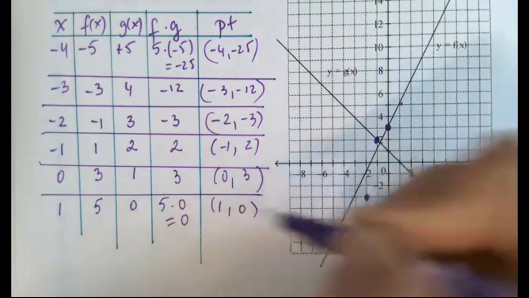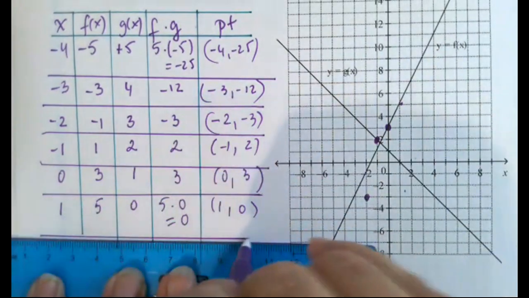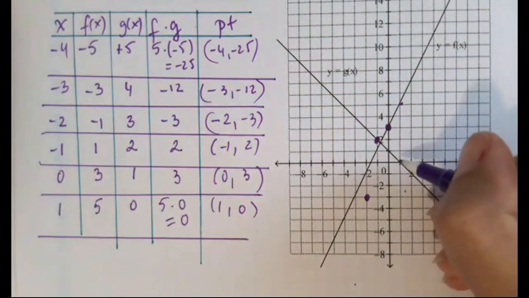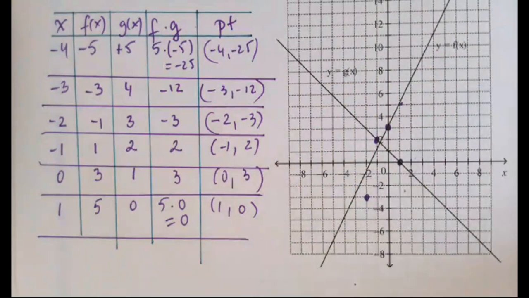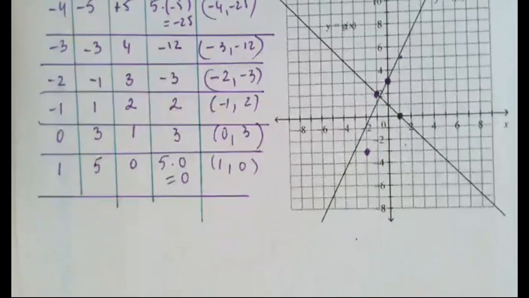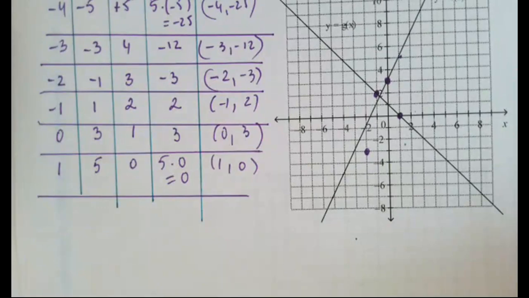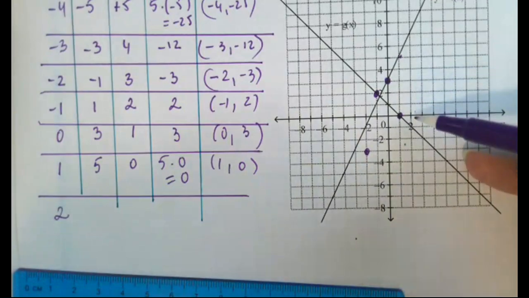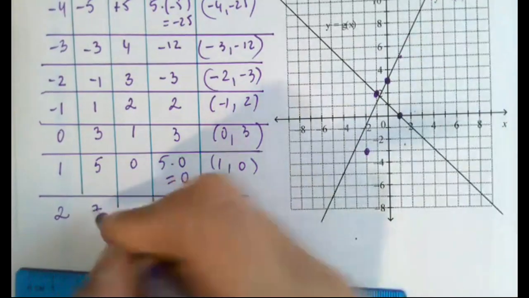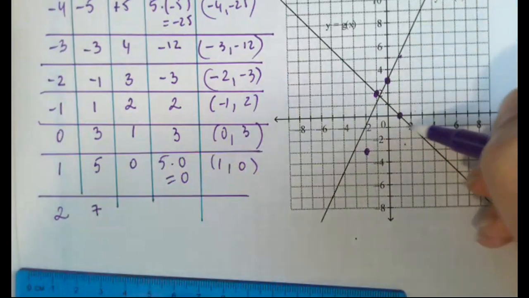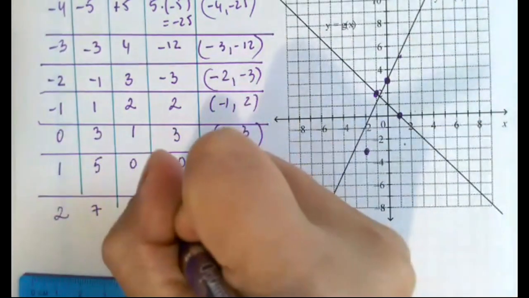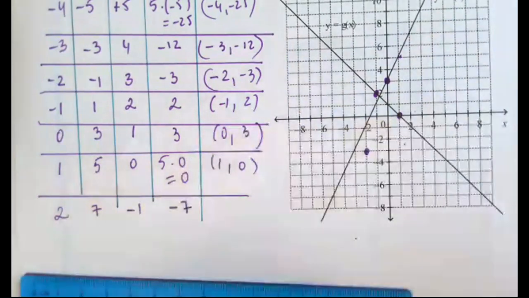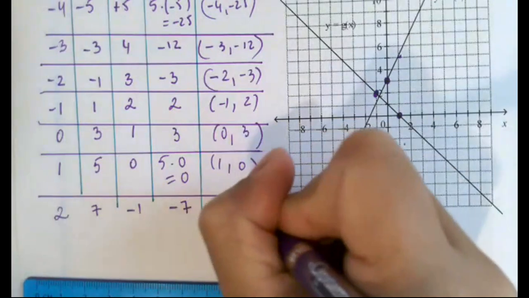So 1, 0. Two. F at 2 is 7. G at 2 is -1. 7 times -1 is -7. So 2, -7.